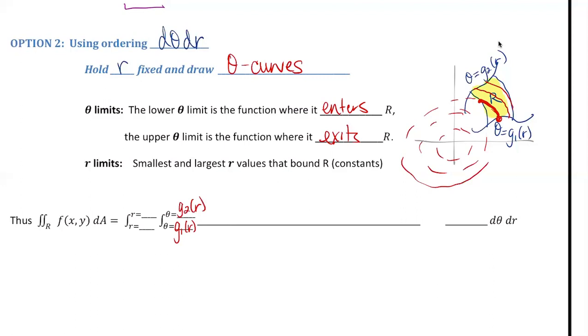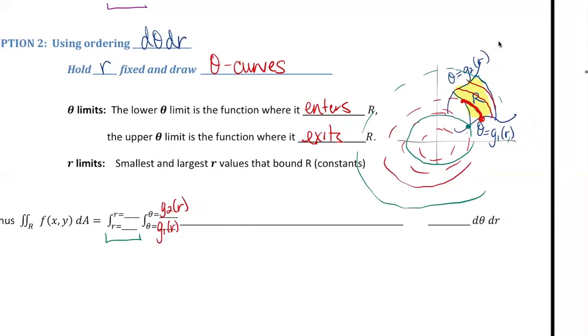And then now it'll be my r limits that are constants. Whatever is your outer integral will be constants. I just want my smallest and my largest r that bound this region. You can see the smallest radius that I could have in this picture is here, and the largest one that I can have is coming from this furthest out piece.